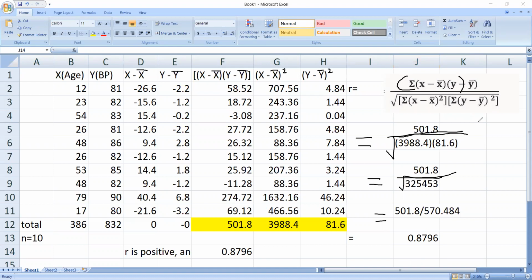Now, any doubts in the calculations? Any of the columns which you have not understood? You have to invest the time, sit and actually do the problem. It becomes easy. The moment you solve 2 or 3 problems, it becomes easy and you can pick up speed in the calculations also.